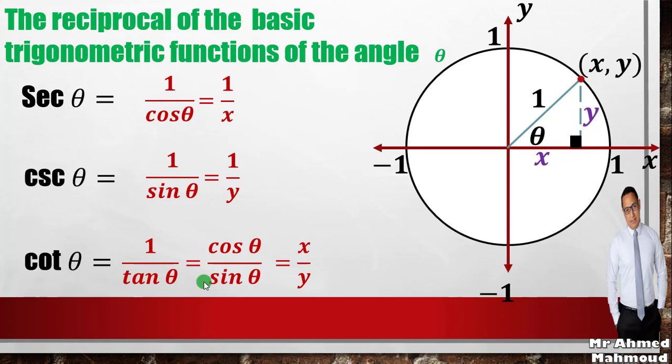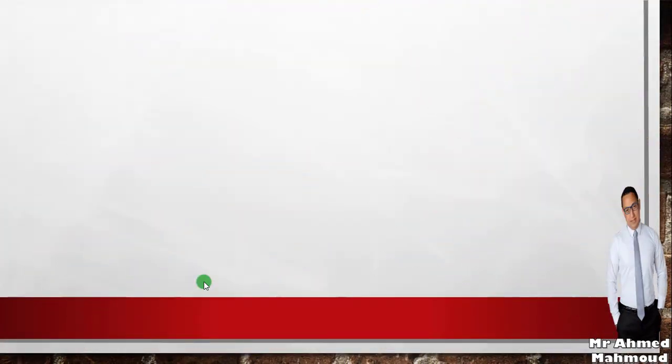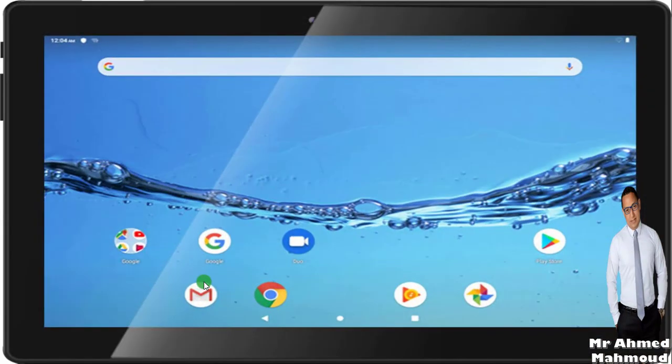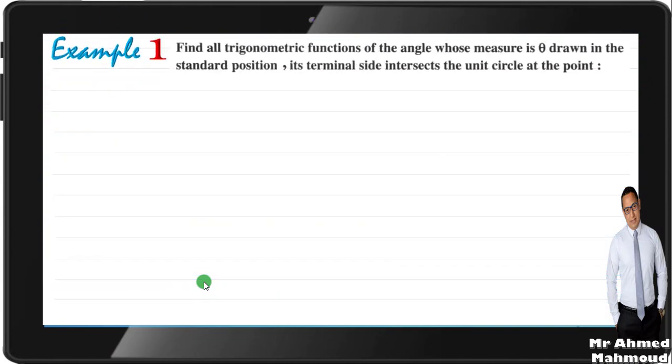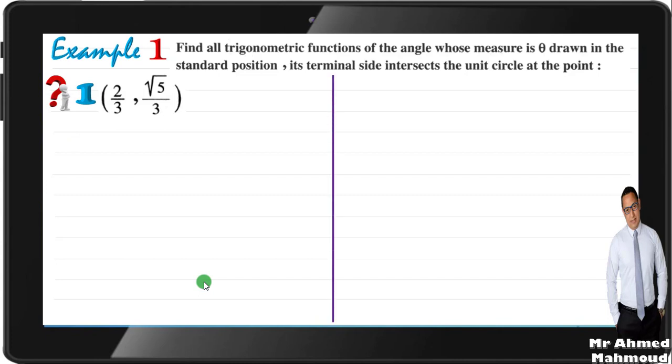Now let's solve the first example with us. Example 1: Find all trigonometric functions of the angle whose measure is theta drawn in the standard position, whose terminal side intersects the unit circle at the point (2/3, root 5 over 3).